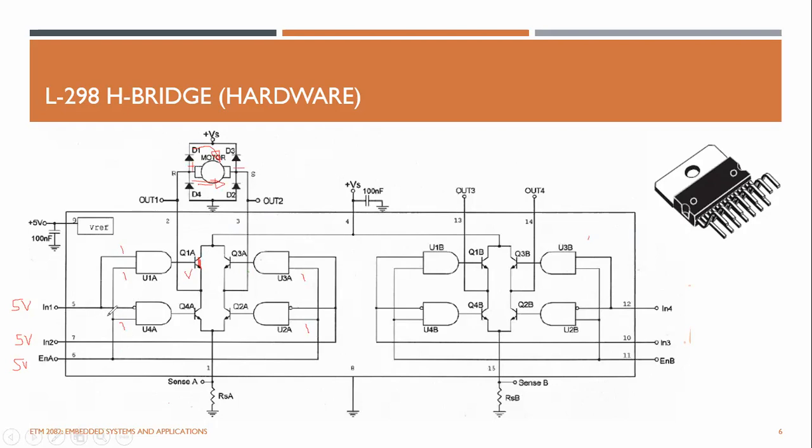And this is 1, but this is 0, so this transistor will be off. And this is 5 volt. And this is 1, but this is 0, so this transistor will be turned off. And this is 1 again, and this is 1, which means this transistor is turned on. So these two transistors will be turned on.